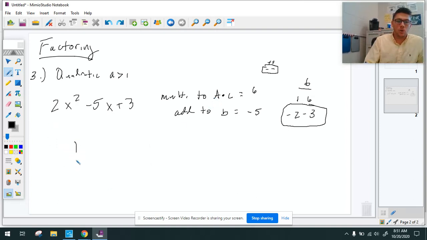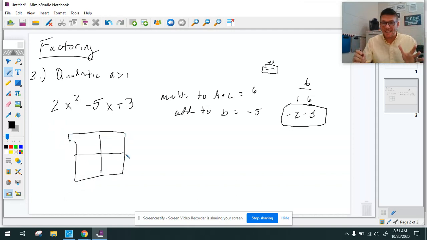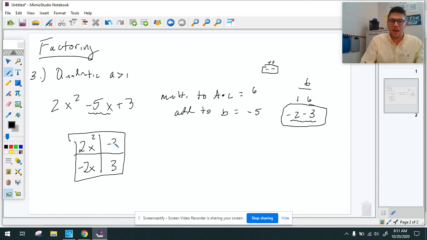Now what we can do is just that box method. And it takes like 30 seconds, but it's something we got to do. 2x squared goes there, the 3 goes there. We're breaking apart -5 using these two numbers, and we put a -2x there, and we put a -3x there. It doesn't matter the order that they go.